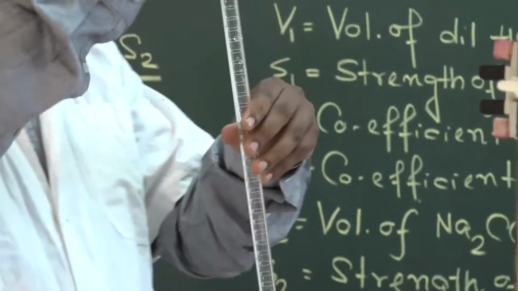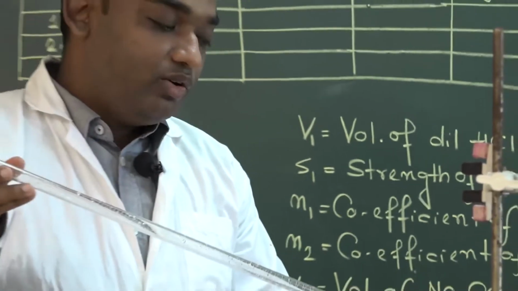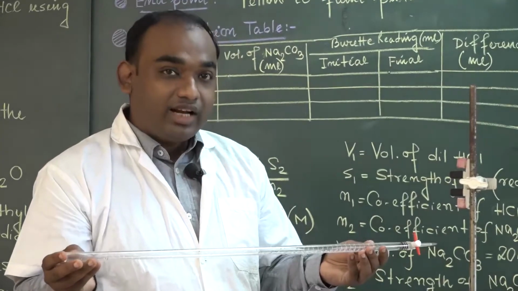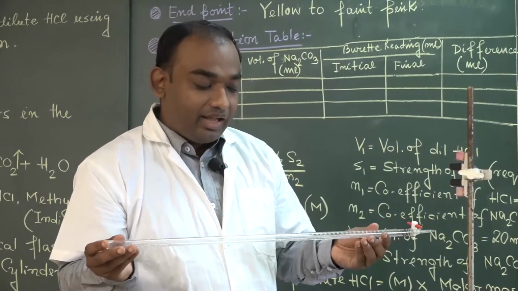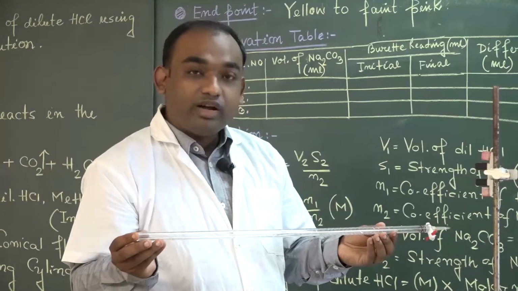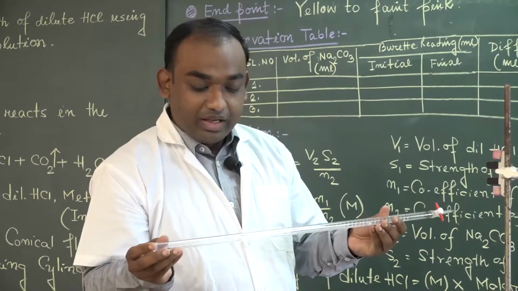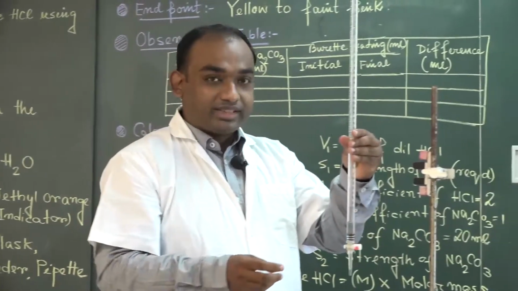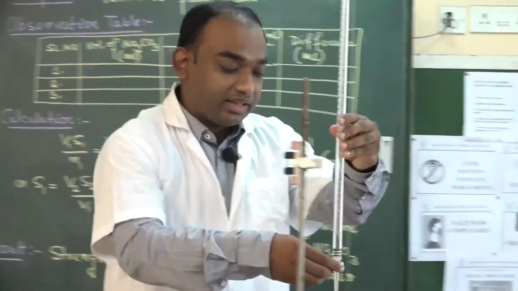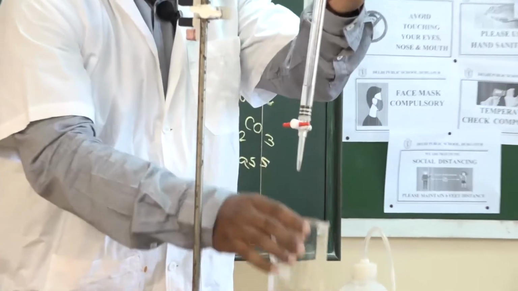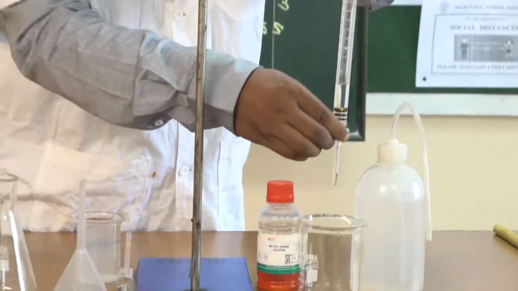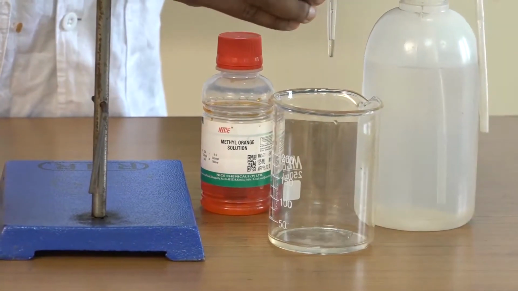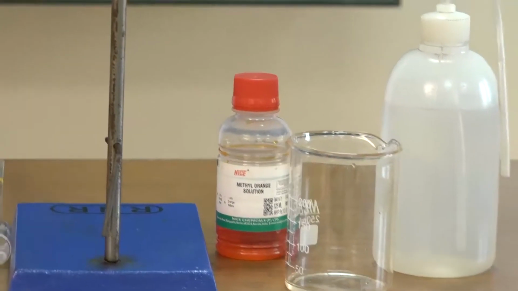Then we will rotate this burette gently so that the HCl gets attached to the walls of the burette. Okay, it is almost done. Now we have to discard this dilute HCl. There is the discard pot, we should discard it in this beaker. So this rinsing part is over.